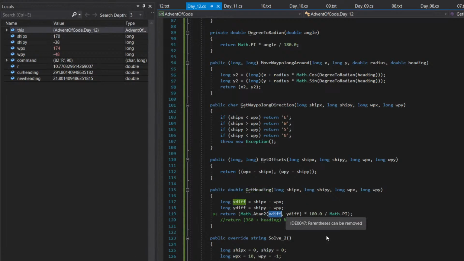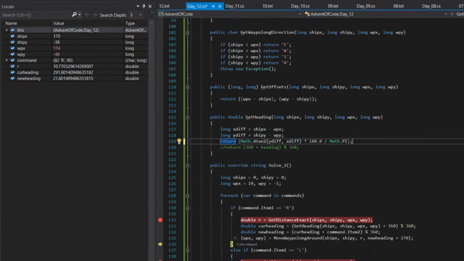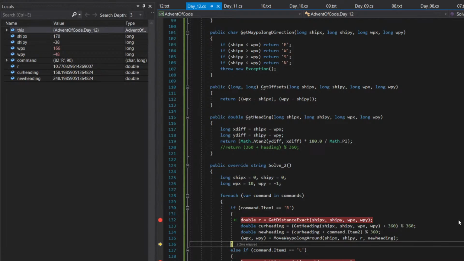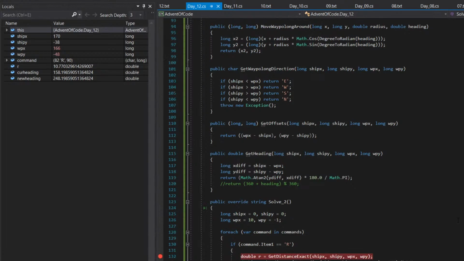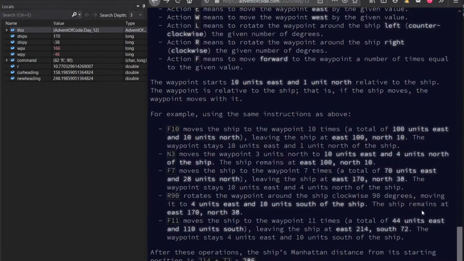Oh boy. This is backwards, isn't it? Current heading 158.